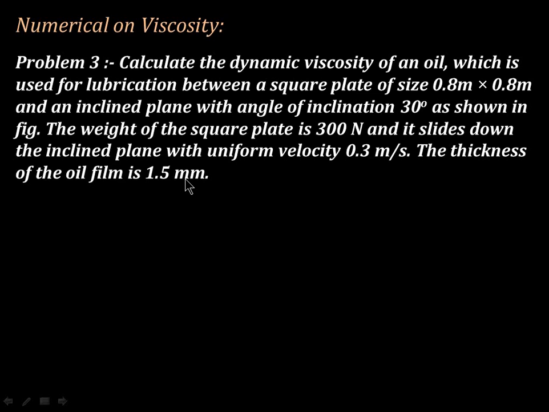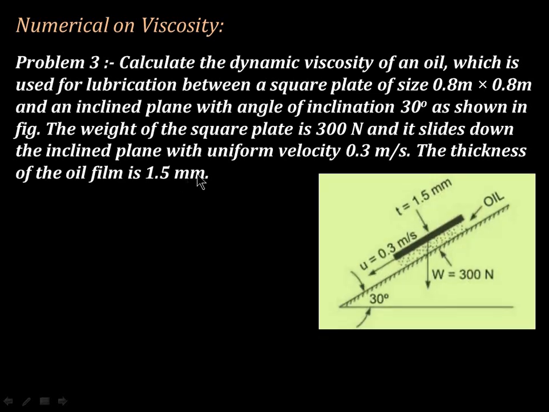So let's try to understand this with the help of the diagram. In this diagram we can see that this is the plane which is inclined at an angle of 30 degree. That's why it is called an inclined plane. The question is to calculate the dynamic viscosity of an oil, that is mu.